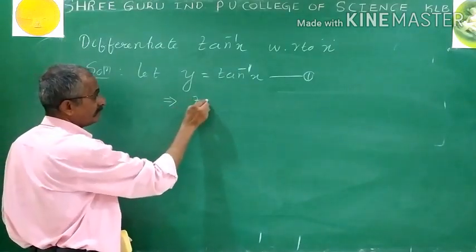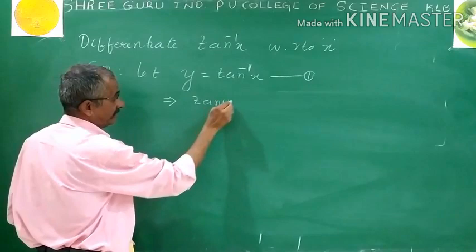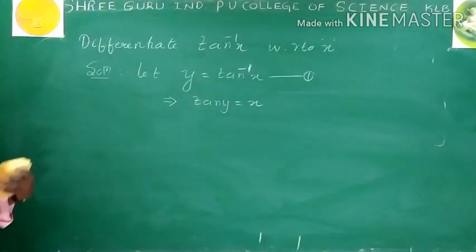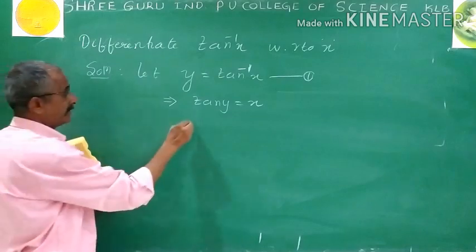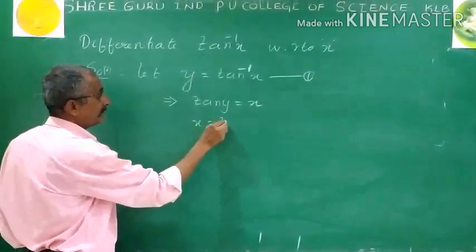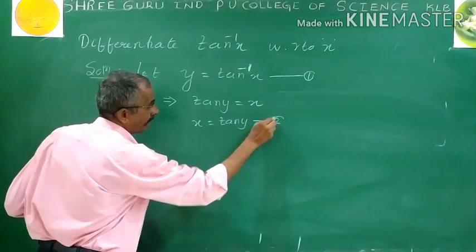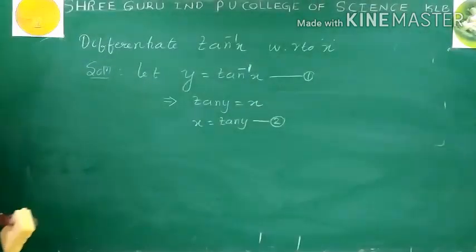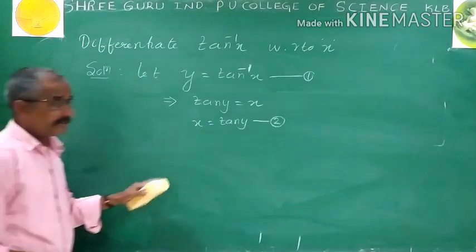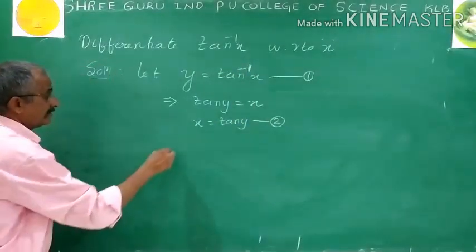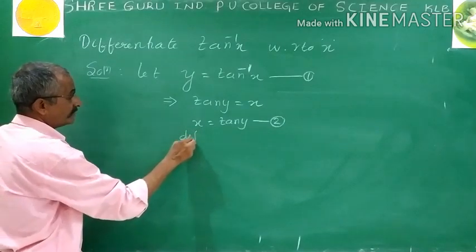Tan y equal to x is equally the same as x equal to tan y, because a equal to b is equally the same as b equal to a. Called 2. Let's differentiate 2 with respect to x by known methods and formulas.